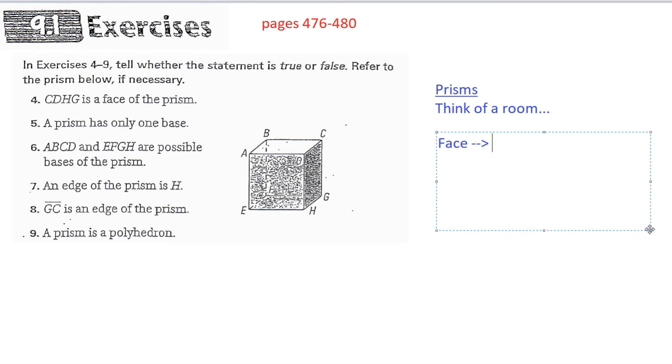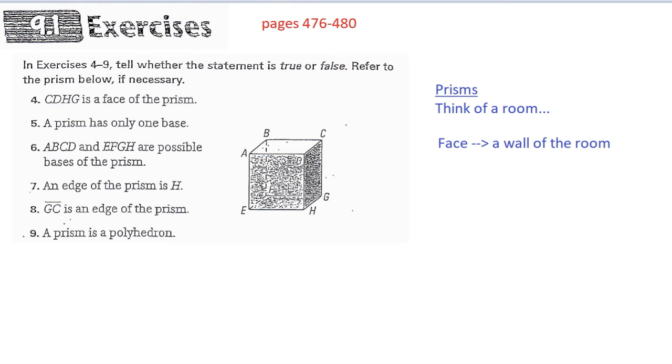So when I think of a room, the face of the prism would be a wall of the room. If I look at this statement here, and I ask myself, okay, CDHG, if I trace out those letters, CDHG, and then we could go back to C, that does look like it would be a wall of the room.